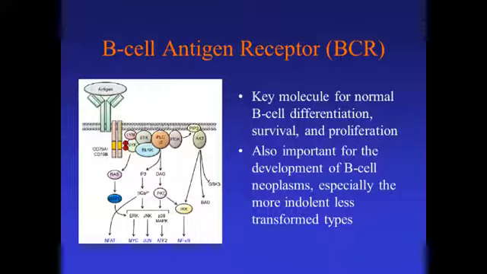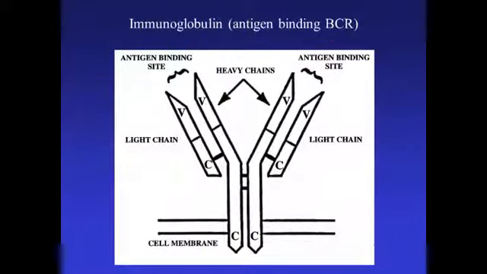It needs some sort of tonic stimulation going through it. And it's also the key molecule in terms of getting clonal expansion of B cells and this sort of thing. So it's not unreasonable to suspect that the B-cell antigen receptor would also be playing an important role in the development of B-cell neoplasms, especially the less transformed type that haven't figured out ways to avoid this particular pathway.